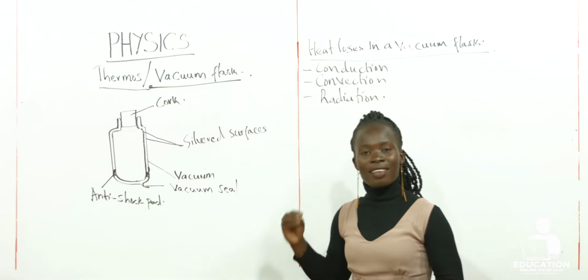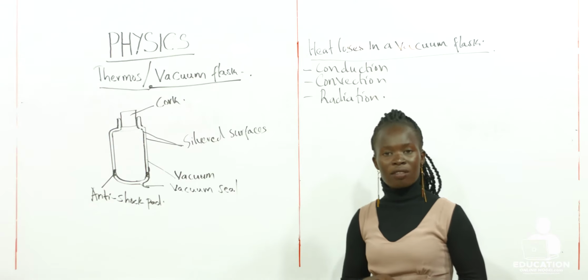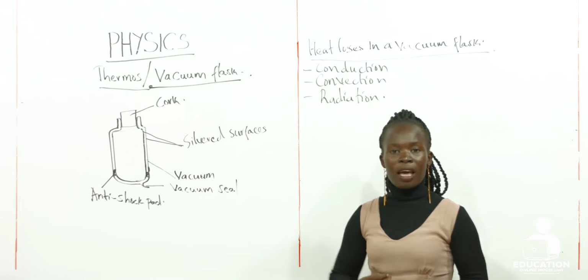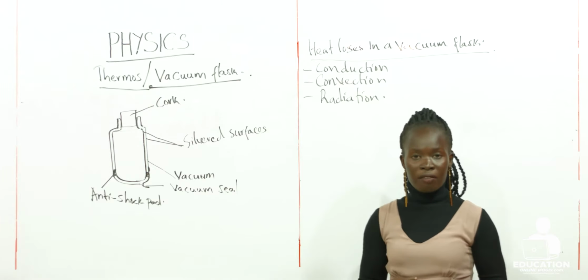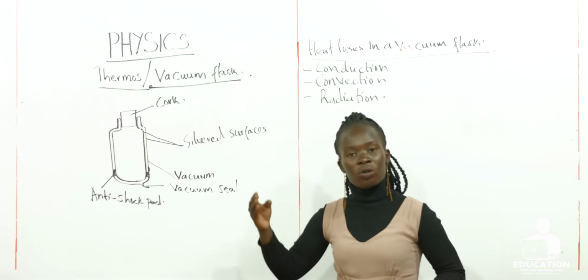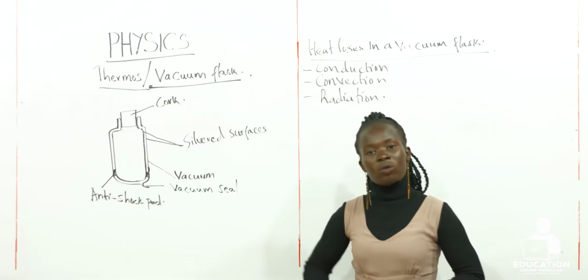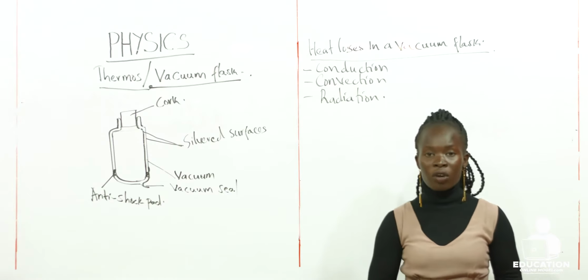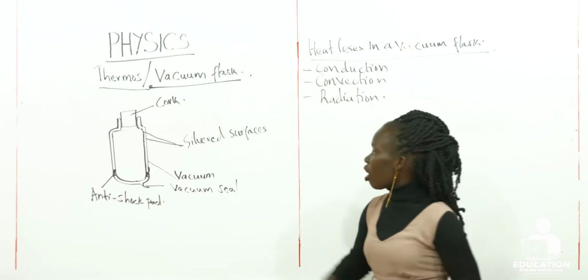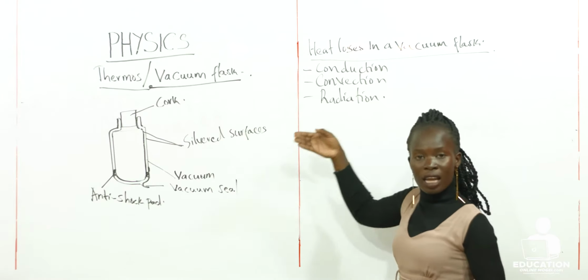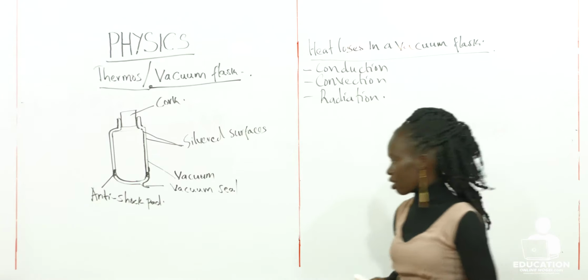So you see that these heat losses can be minimized, in a way that if you put your liquid in the flask, it will take some time for it to cool, or for the case of a cold liquid, some time to warm. So how can we minimize this heat loss in a vacuum flask?